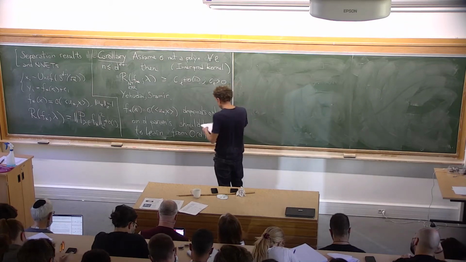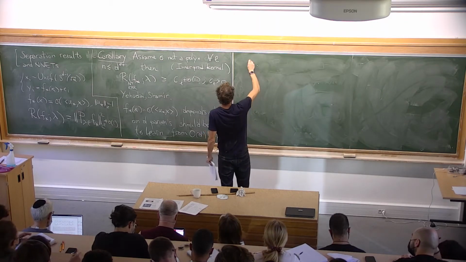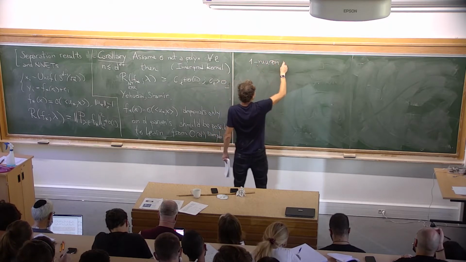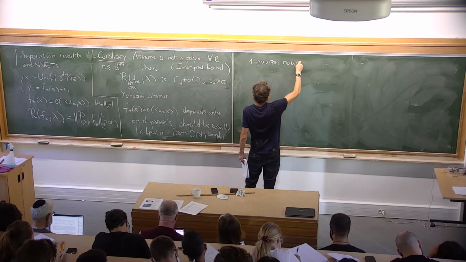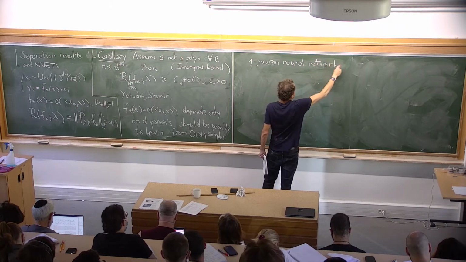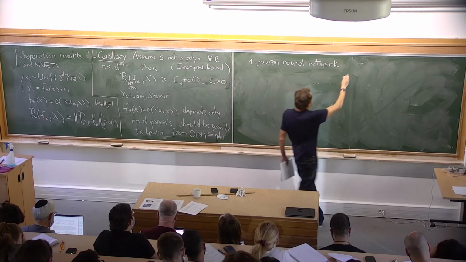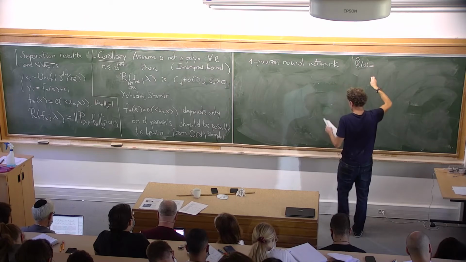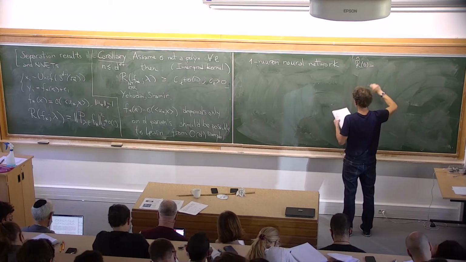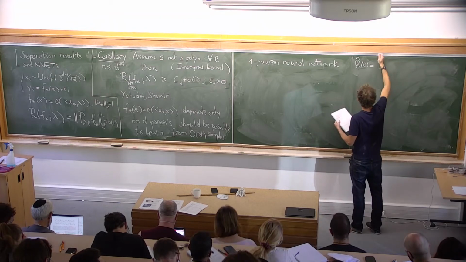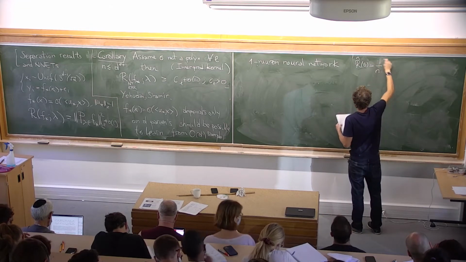Here is one example. You can do it with one neural network. That is, if you minimize R hat of theta, the expectation, the population expectation, the sample expectations.